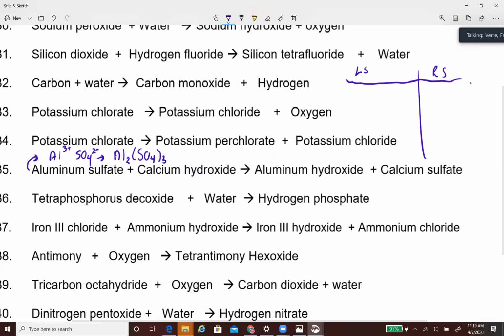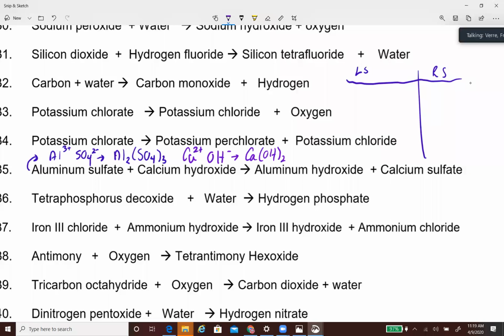Calcium hydroxide, that's the next compound. Let's see if I can make this even bigger. We know calcium is Ca, and hydroxide, if you look at the polyatomic chart, is -1. So that means we are going to need 1 calcium and 2 hydroxide. Okay, so let's start with that.